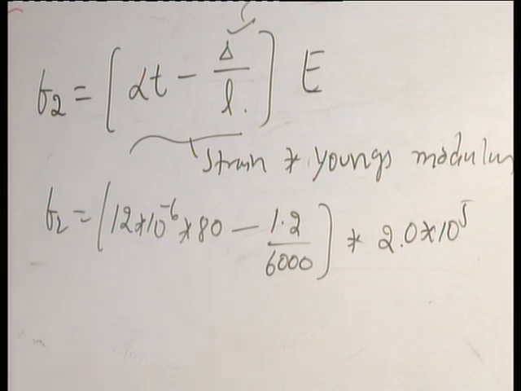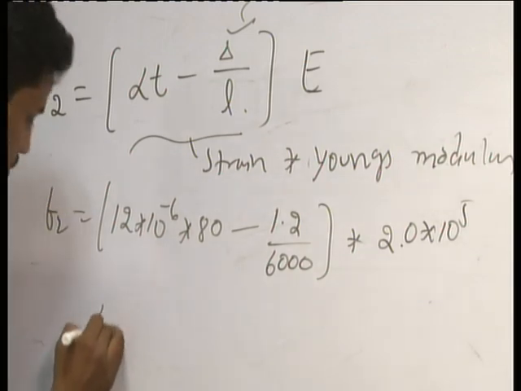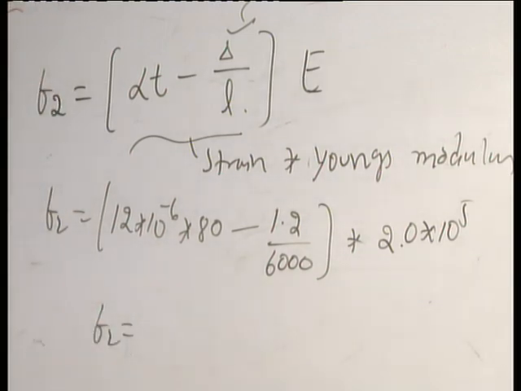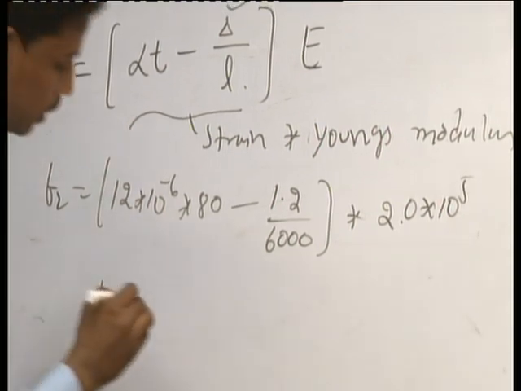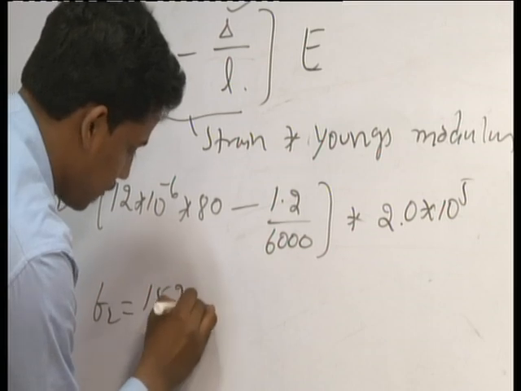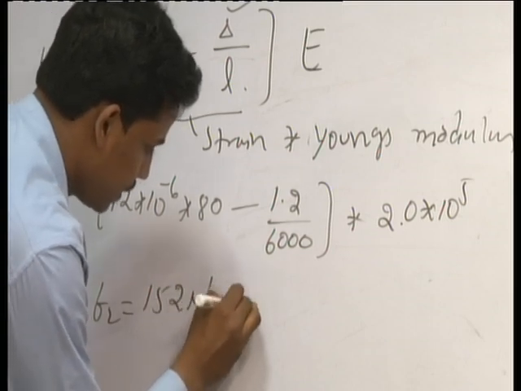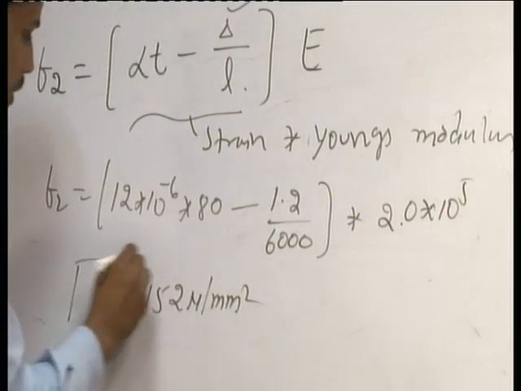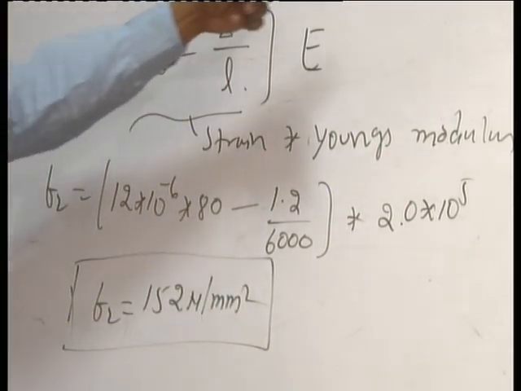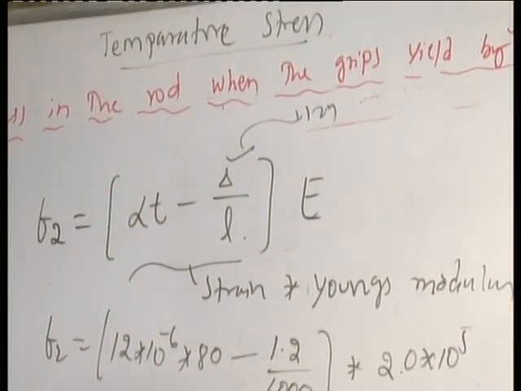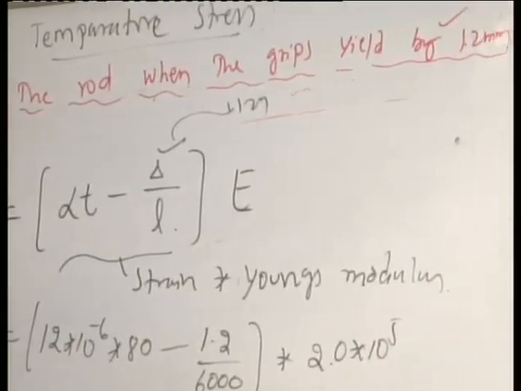We will get stress F2 as 152 Newton per millimeter square. This is the stress developed when the grip yields by 1.2 mm.